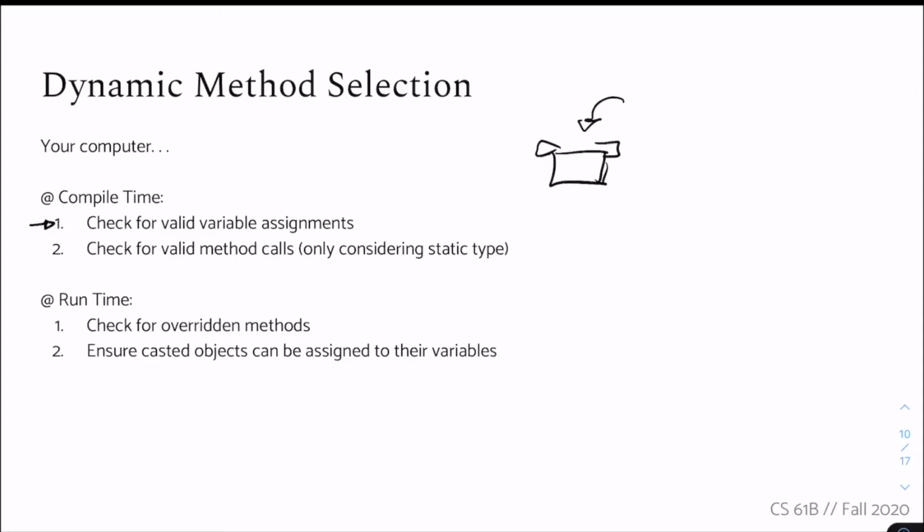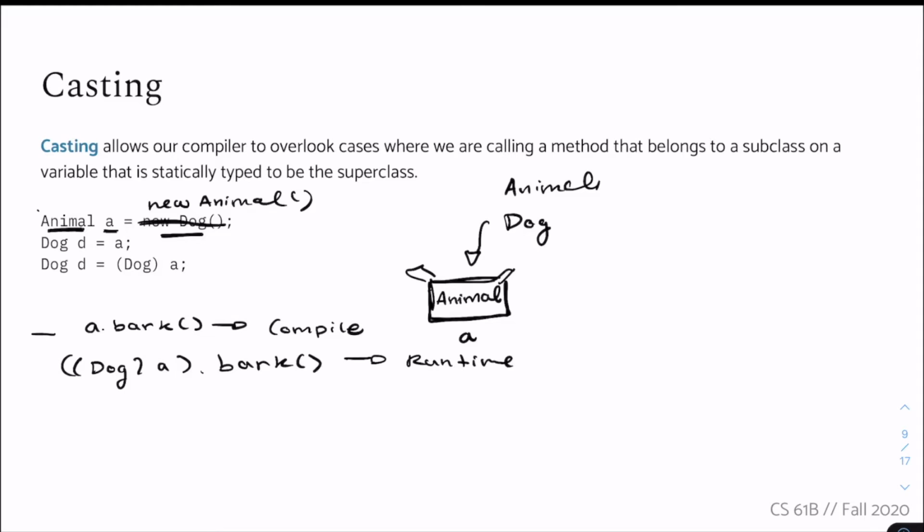Yeah, it checks the static type of whatever's on the left-hand side and the static type of whatever's on the right-hand side and makes sure they match. After it does that, it checks that only valid method calls are happening. And so in this case, it would be making sure that our animal had a bark function.